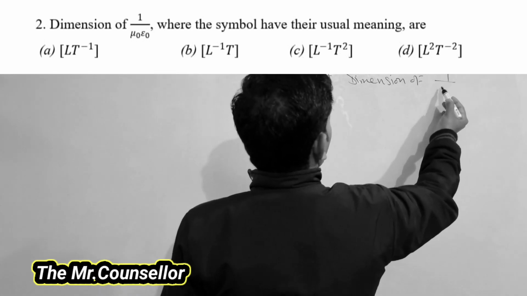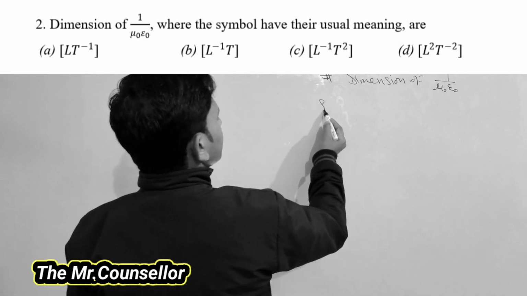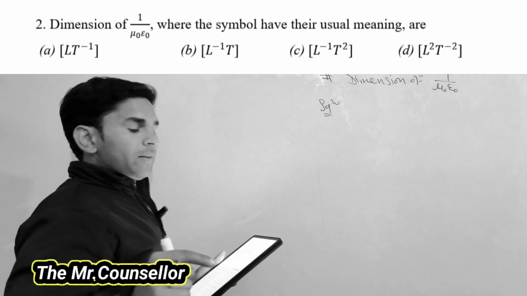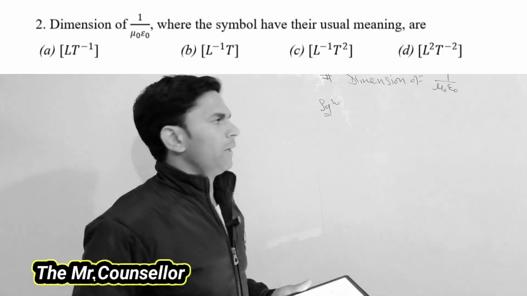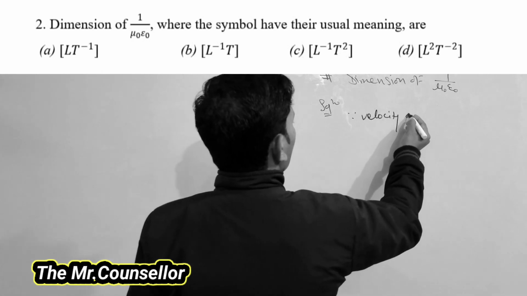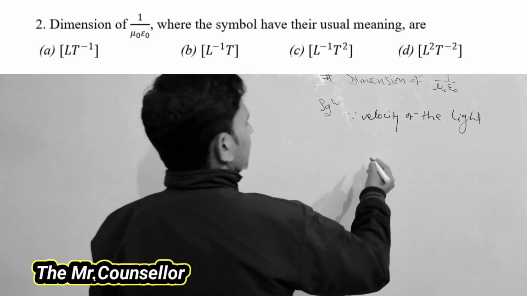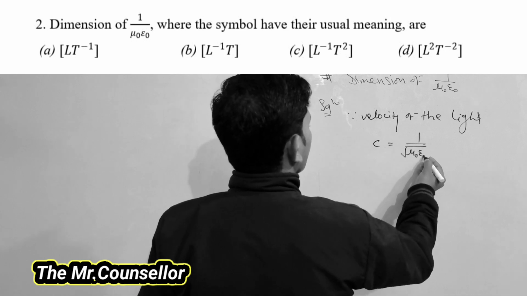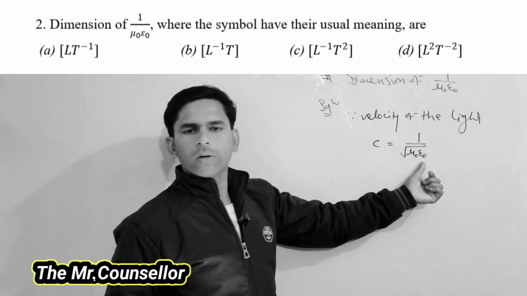To solve this, we can consider the velocity of light. You know very well that c is equal to 1 upon root over mu naught epsilon naught.